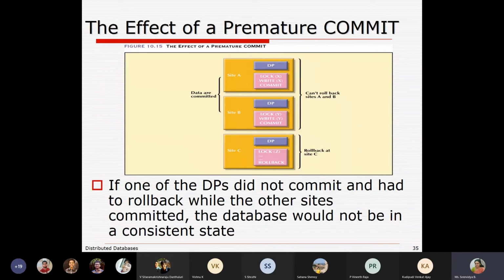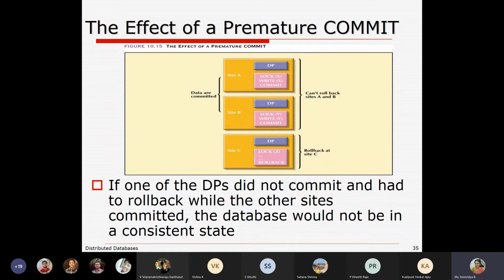Now, if a premature commit happens, what is the problem? This is what we discussed. There are three sites A, B, C, and the transaction is split into multiple executions at different sites. A and B have committed, whereas C has not yet committed.